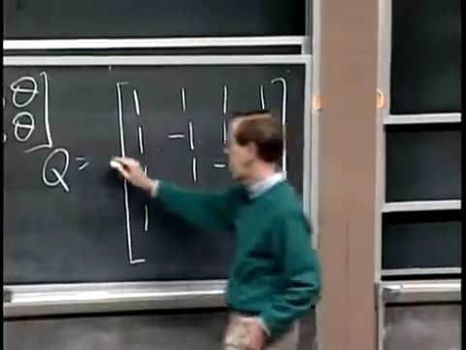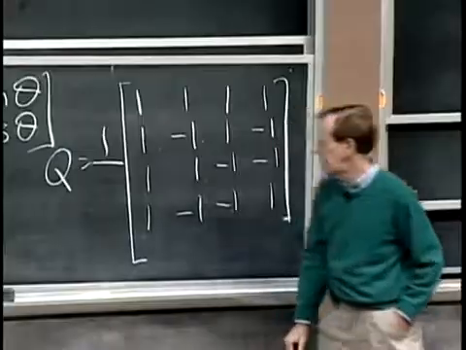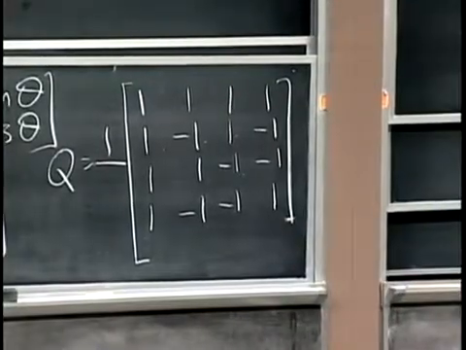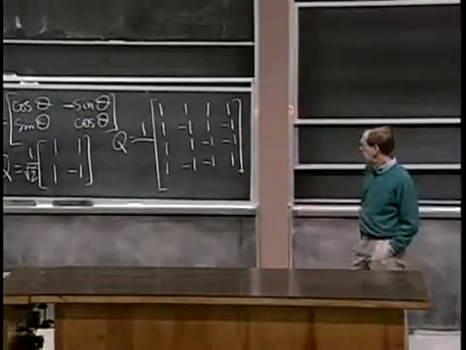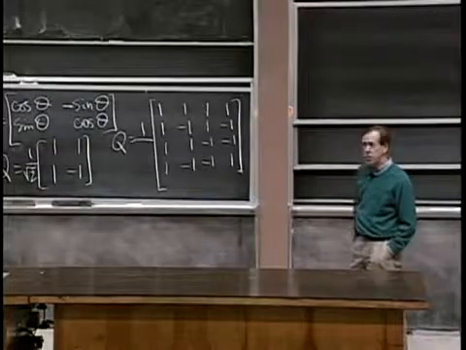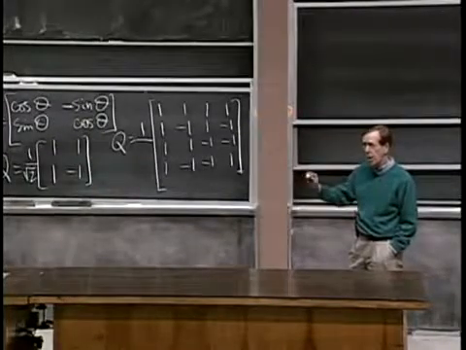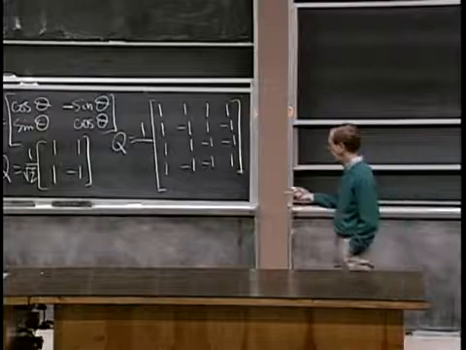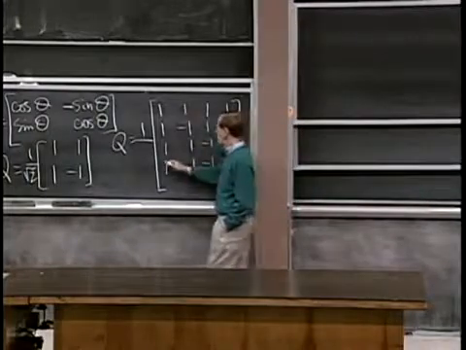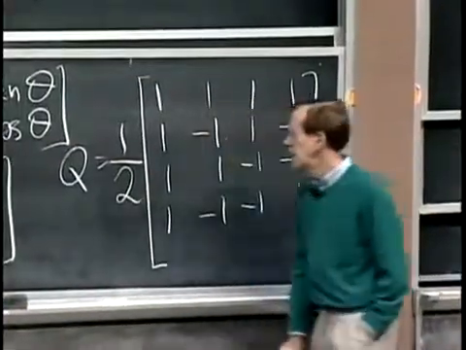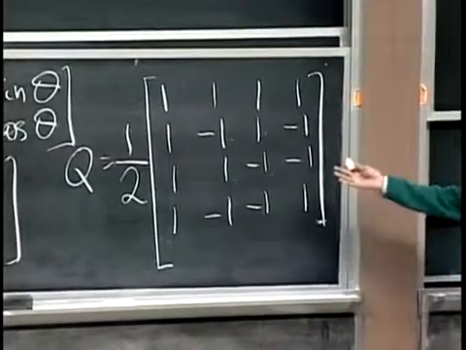And what do I have to divide by now to make those into unit vectors? Right now, the vector 1, 1, 1, 1 has length 2, square root of 4. So I have to divide by 2 to make it a unit vector. So there's another.